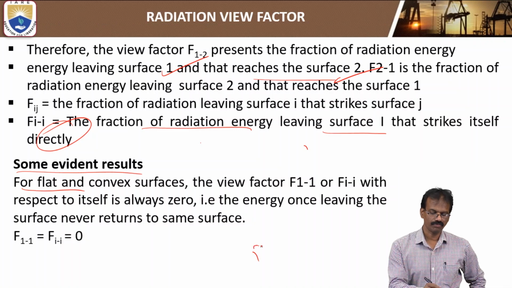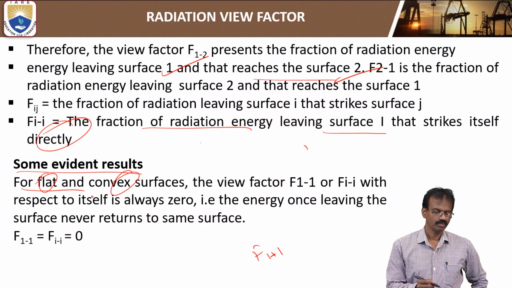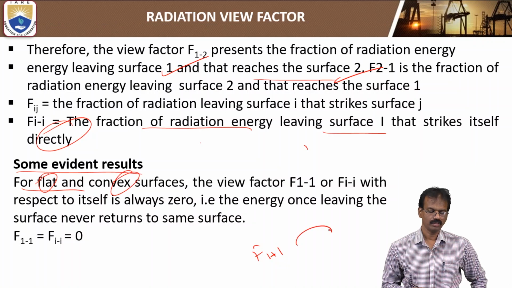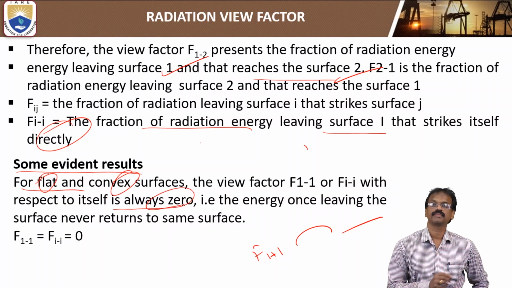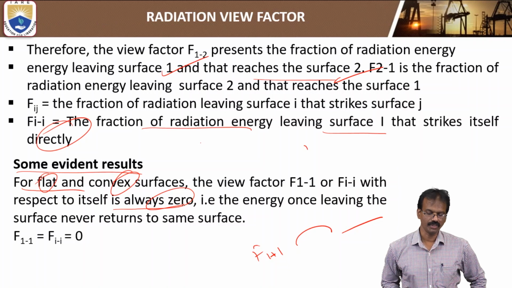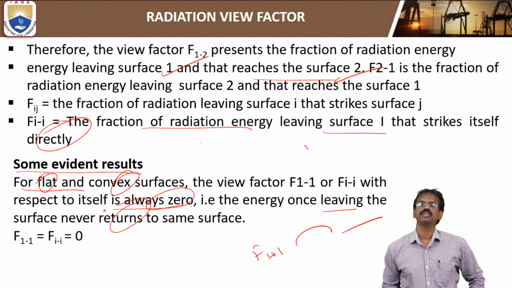Some evident results for flat and convex surfaces: the view factor F11, or Fii, where energy leaves a surface and reaches the same surface, is always 0. It means energy once leaving the surface never returns to that surface.